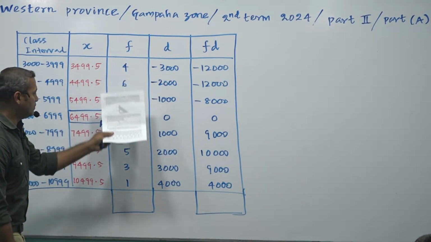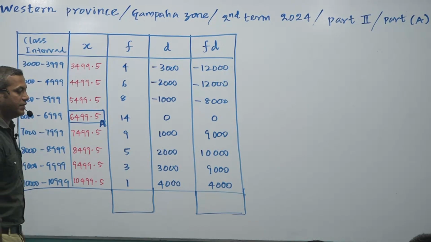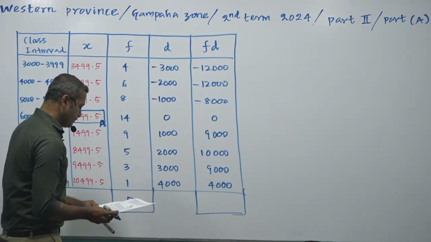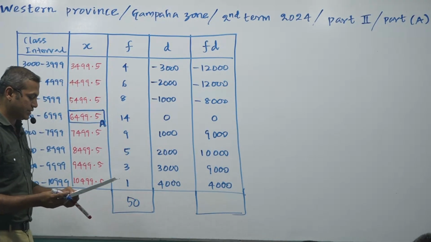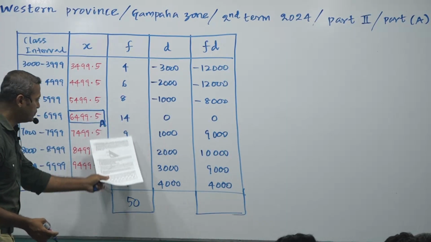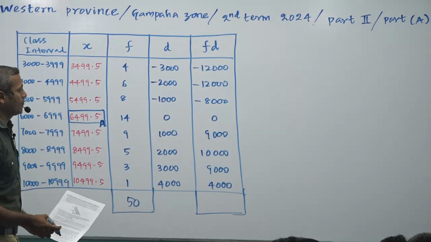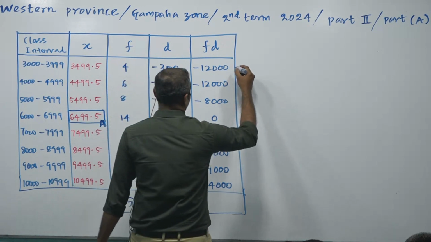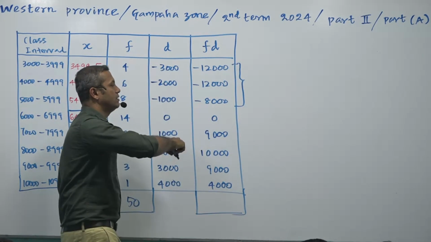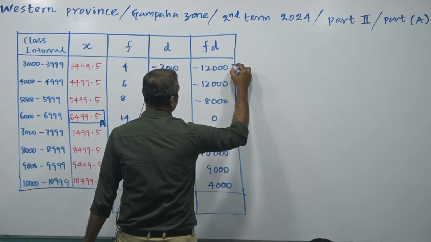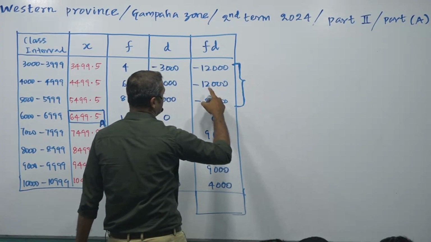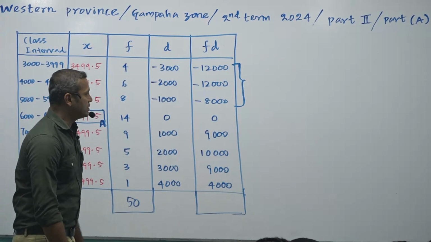Then what is the sum of frequencies? Sigma f. How much? 50. Yes. This is about 50 motor cars, so once you add them, you should end up with 50. Now see, totally in minus you have how much? 12,000, another 12,000, and then 8,000.